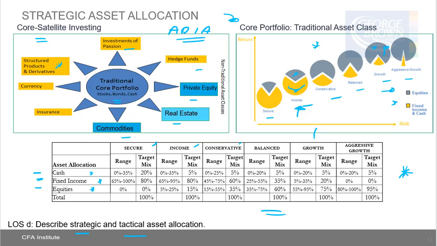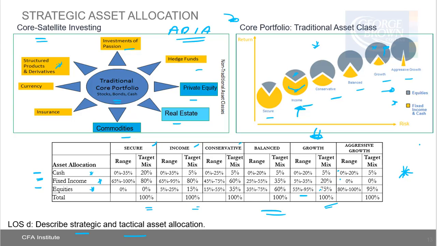If it's determined that the portfolio is going to be growth oriented, the range for cash is 0 to 20%, and we're going to keep 5% on hand. The range for fixed income, 5 to 35%, but our target mix is 20. And for equities, the range is 55 to 95%, so you can see very aggressive at the upper end of the range, but the target mix of 75%. And the target mix is always going to sum to 100%, okay?